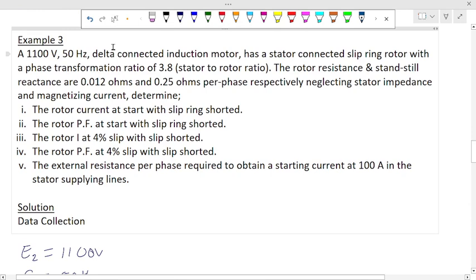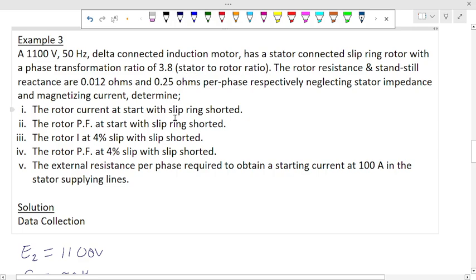So for example 3, a 1100 volts 50 hertz delta connected induction motor has a stator connected slip ring rotor with a phase transformation ratio of 3.8. Note, this one is also stator to rotor.